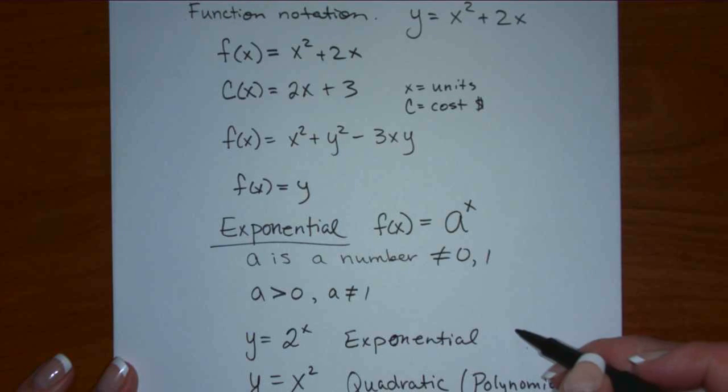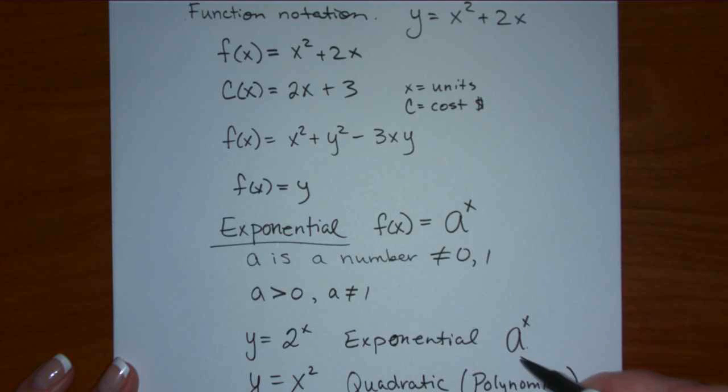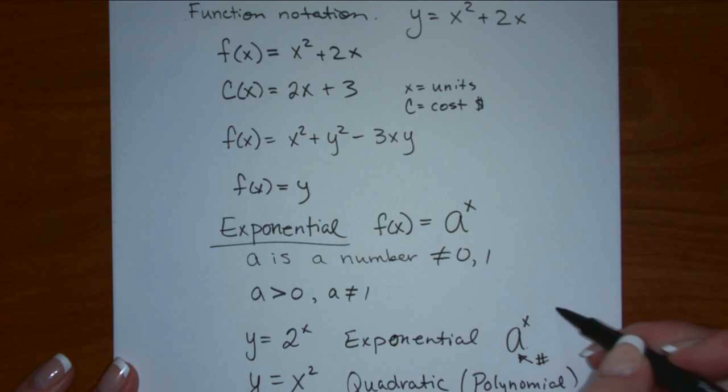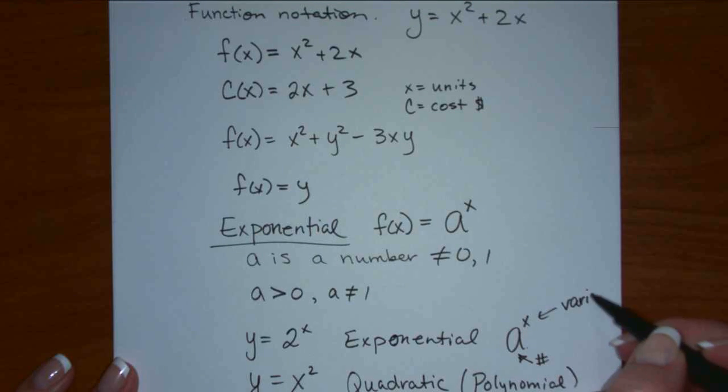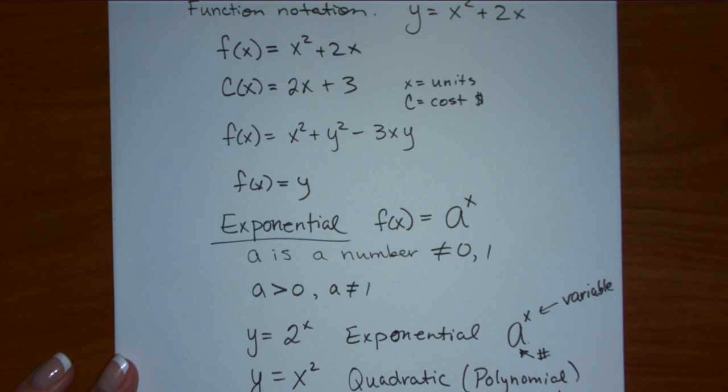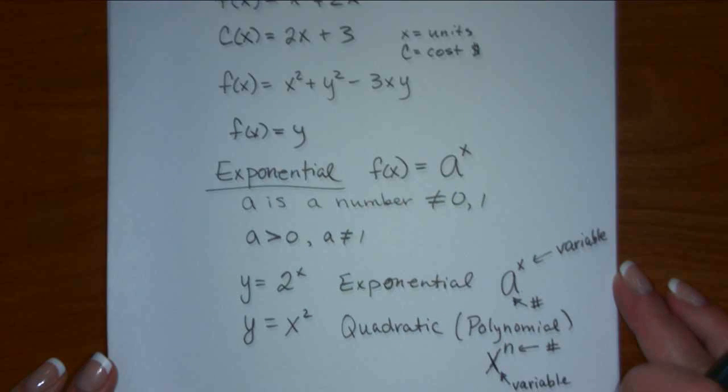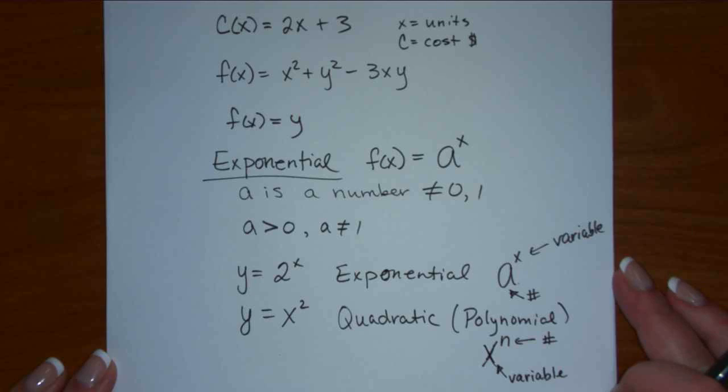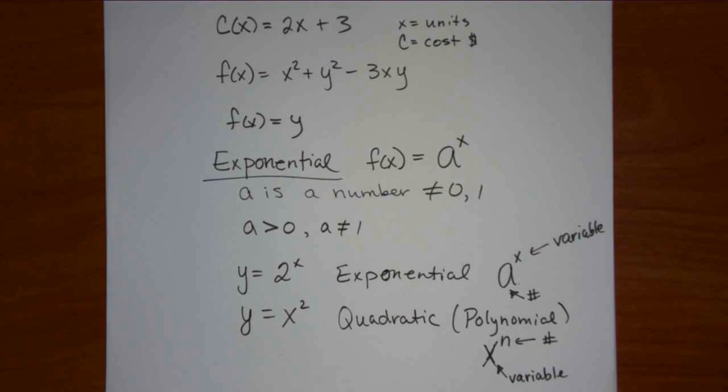And an exponential is where the number is the base and this has the variable in it. Exponential, the variable is the exponent, or polynomial, the variable is the base and the number is the exponent. So those are the difference. Okay? So that's what it is.